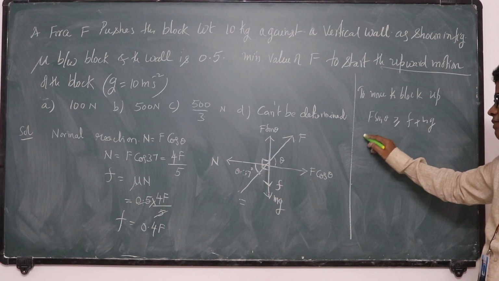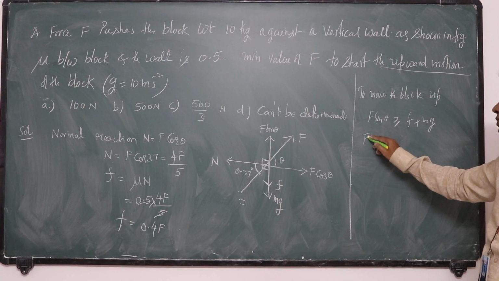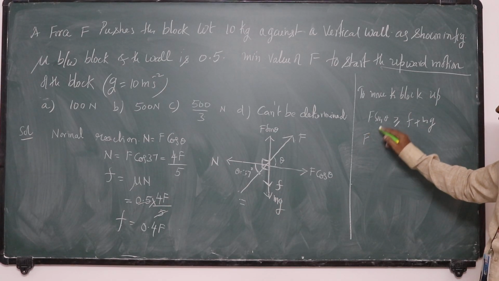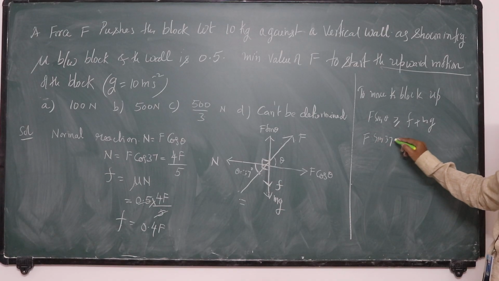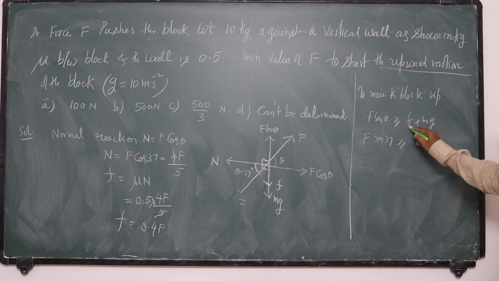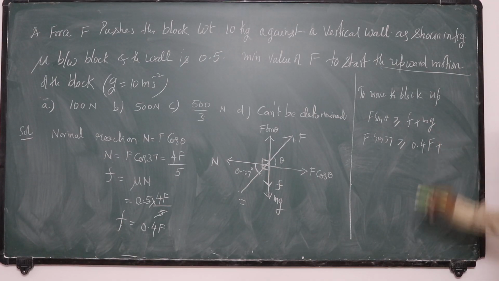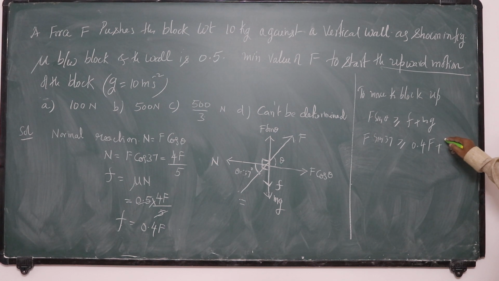What is F sin theta? F sin 37 should be greater than or equal to 0.4 F plus mg. What is the mass of the block? 10 kg, 10 into 10, 100 newtons.